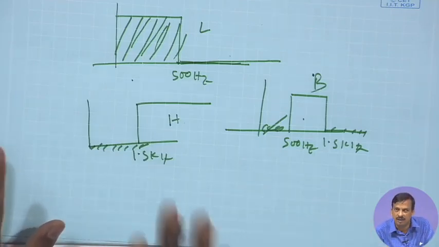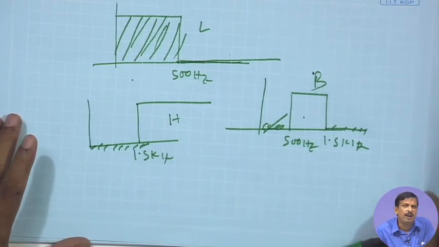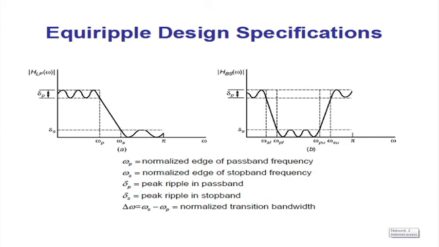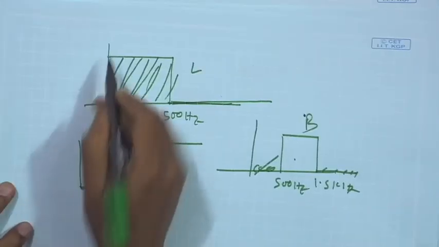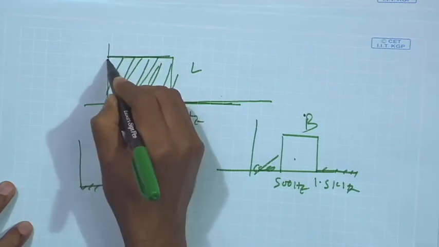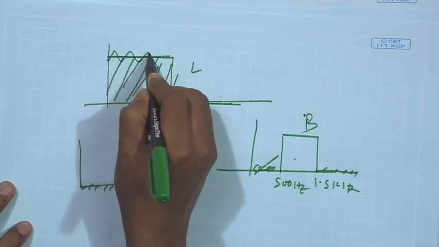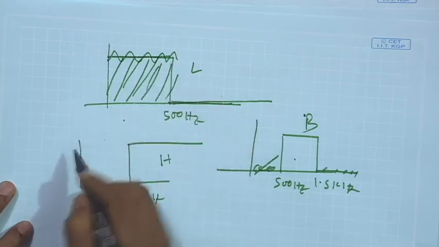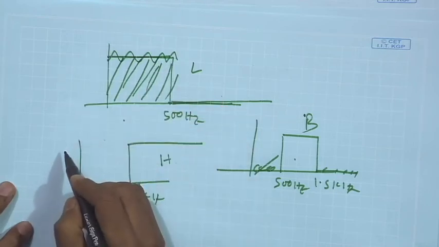Okay? This is the ideal response, but if I implement it with a finite impulse response filter, then instead of getting a flat 1 in the pass band, I can get some kind of variation, which is called pass band ripple.